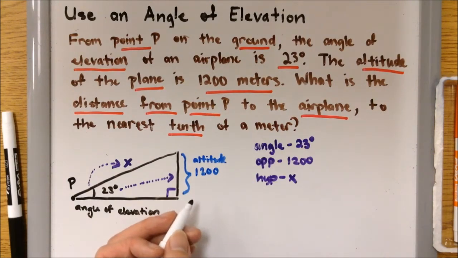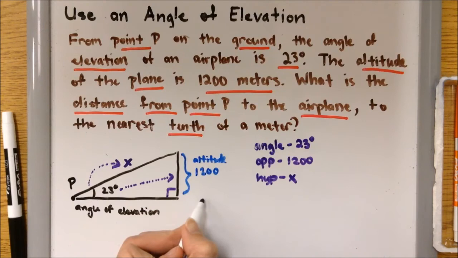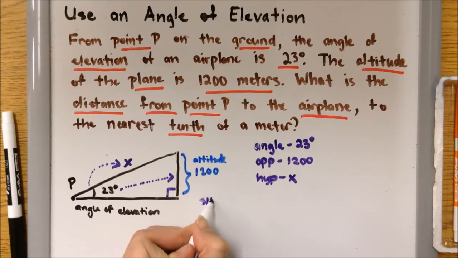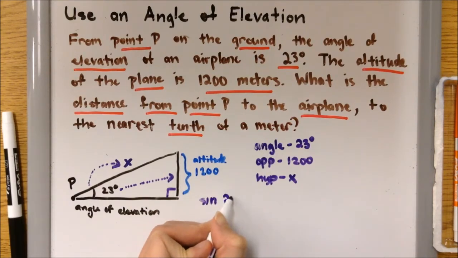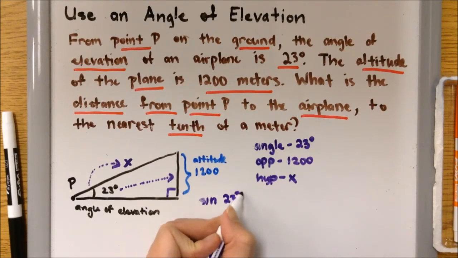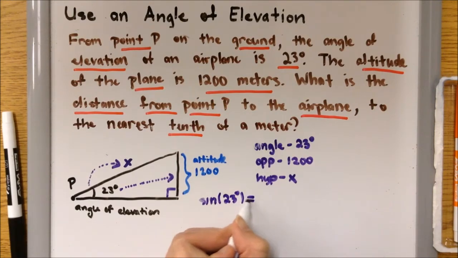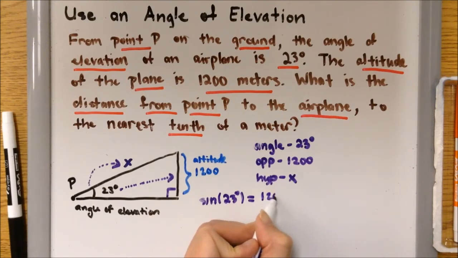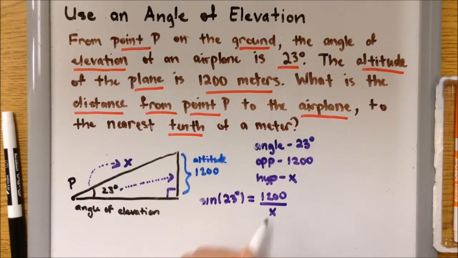So let's use sine. Sine of 23 degrees equals, now opposite is the numerator, so 1200, and the denominator is the hypotenuse, so x. If we want to get x by itself, we just switch these two.